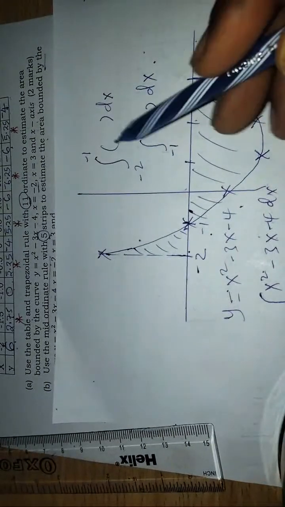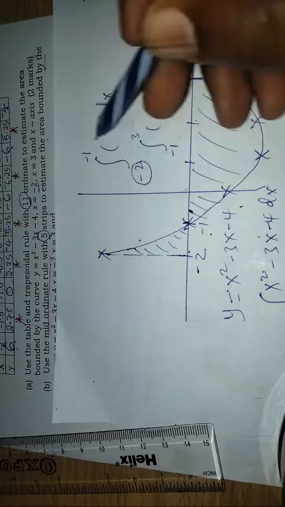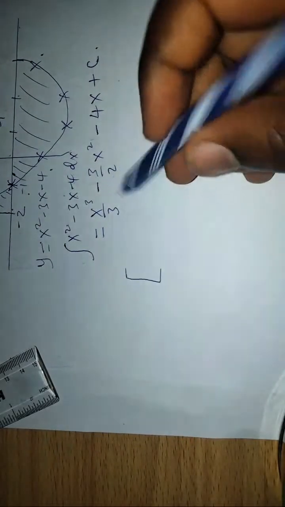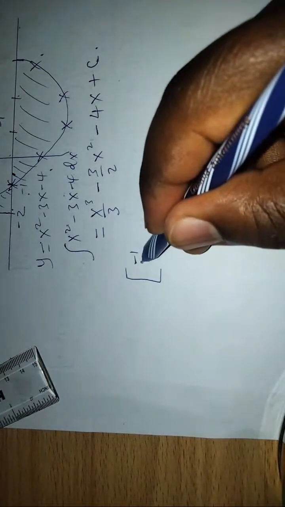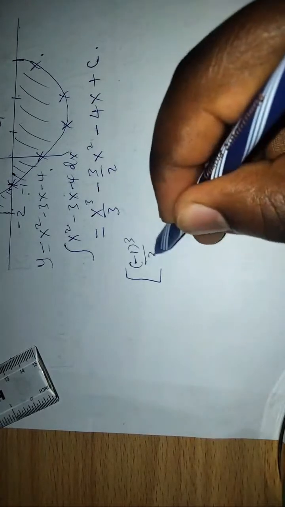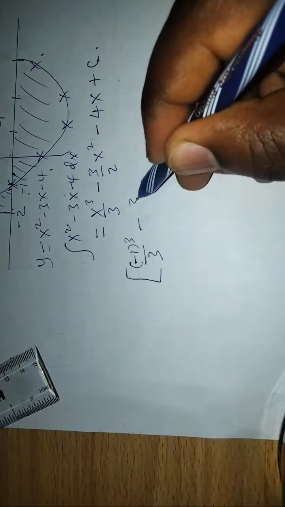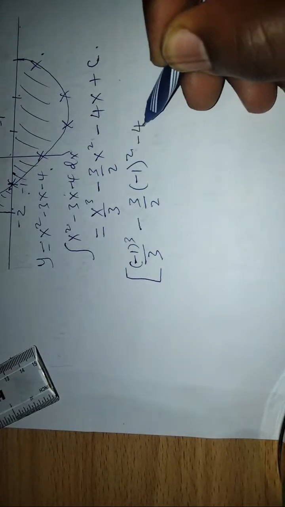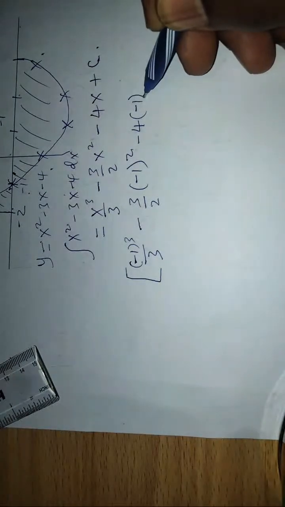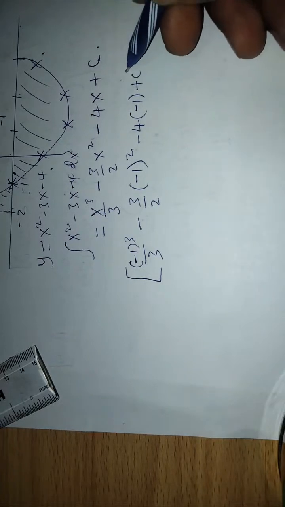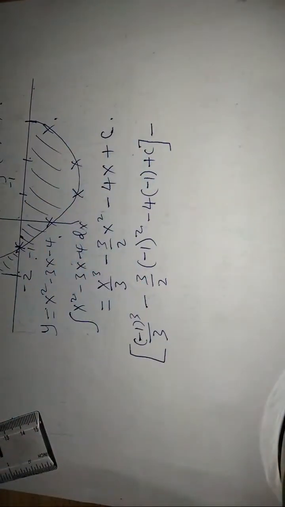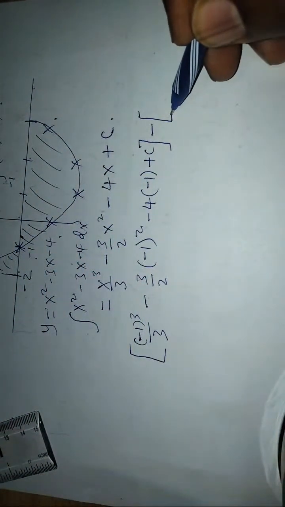We substitute between -2 and -1. Therefore, I will substitute -1 first. So -1 cubed over 3 minus 3 over 2 into -1 squared minus 4 into -1 plus c. Then after carrying out that, I will subtract now x with -2.